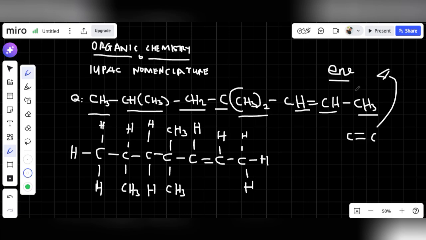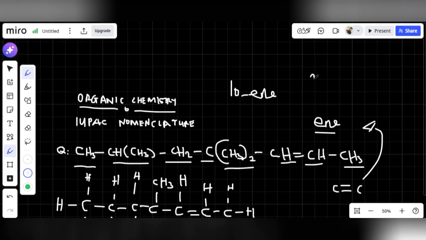Because of that, when you are naming, you want this functional group to take a small number. You don't want something like 10. You want something very small, like 1, 2 or 3.